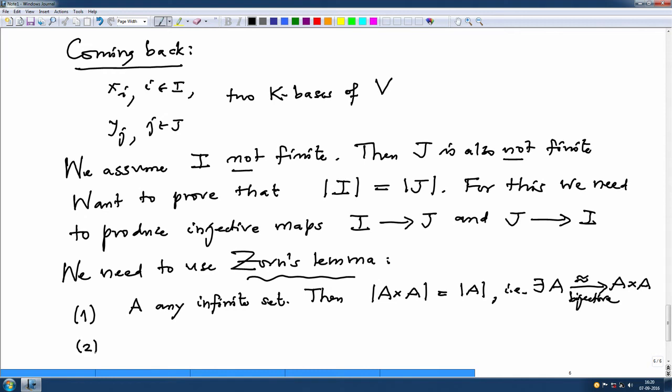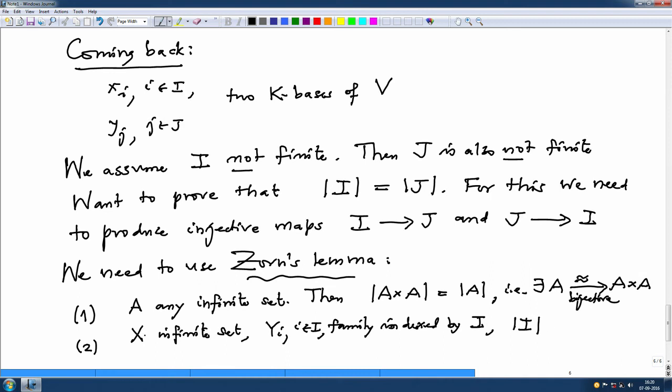Okay, then the second observation I will need to use is, if X is an infinite set, and Y_i is a family of sets indexed by a set I, where cardinality of I is not more than cardinality of X. Again, this means there is an injective map from I to X. Then the assertion is that the cardinality of the union is less than or equal to cardinality of X, and this inequality can simply be deduced from the first one.